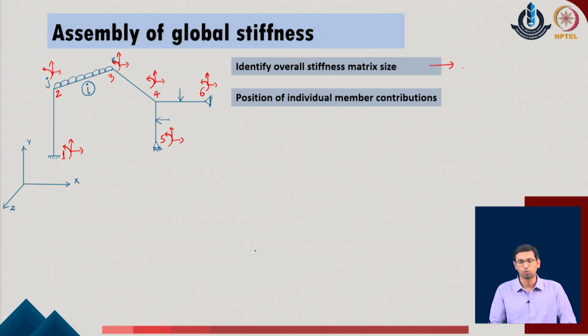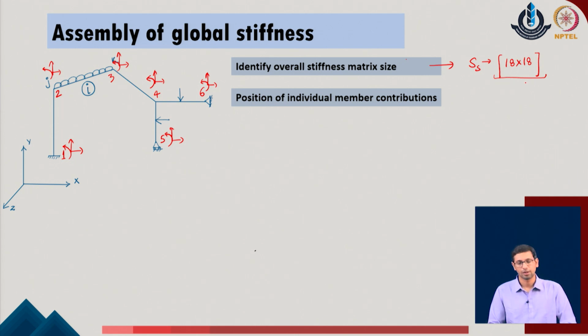The overall stiffness matrix will be located with respect to these 18 degrees of freedom, which means the global stiffness matrix will have a size of 18 cross 18. Corresponding to each degree of freedom, we will identify the contributions of the stiffness matrix.